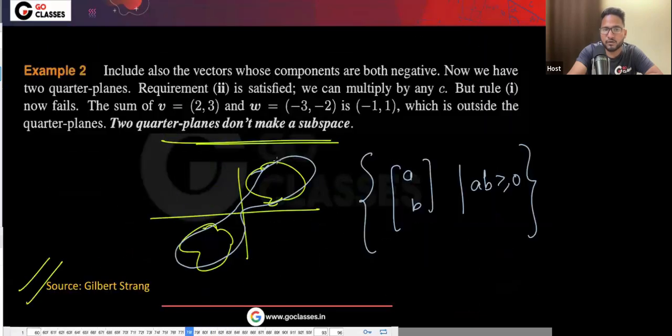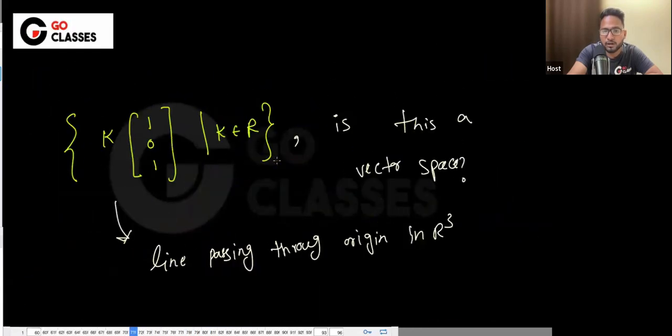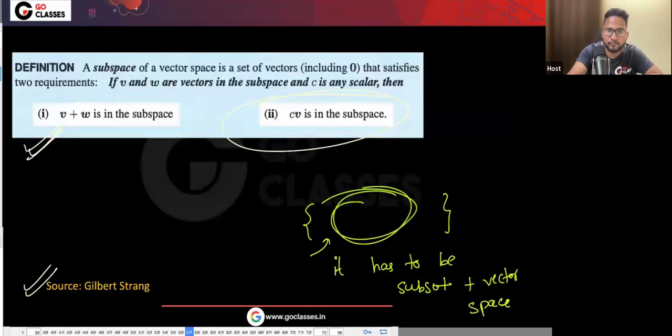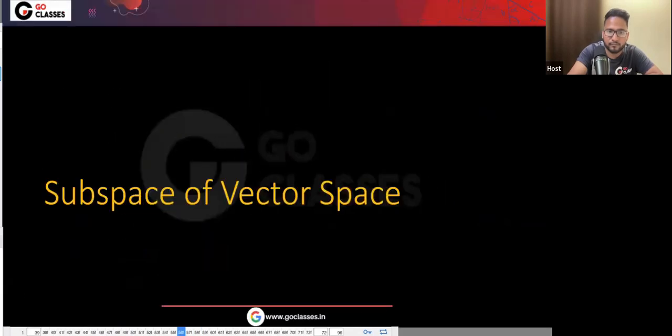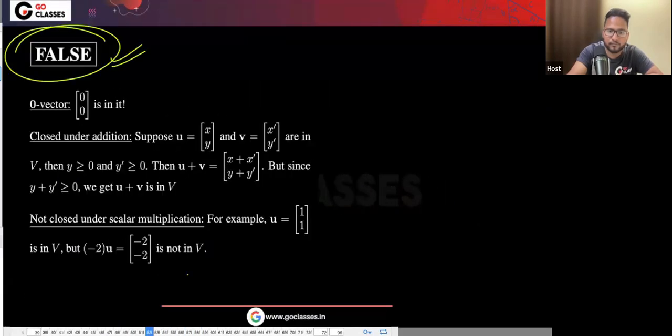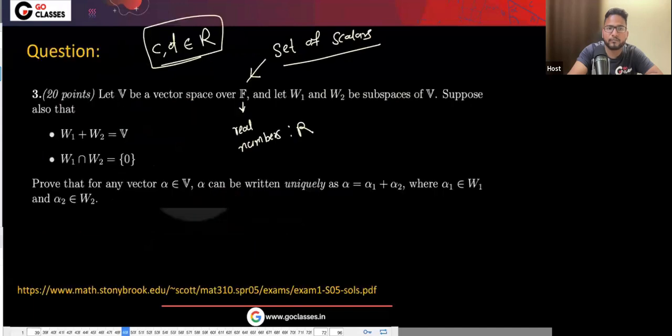Okay. There was one question. I think we can go back to that question that I have left. So V is a vector space. You can just ignore this. V is a vector space, and W1 and W2 are subspaces of this.